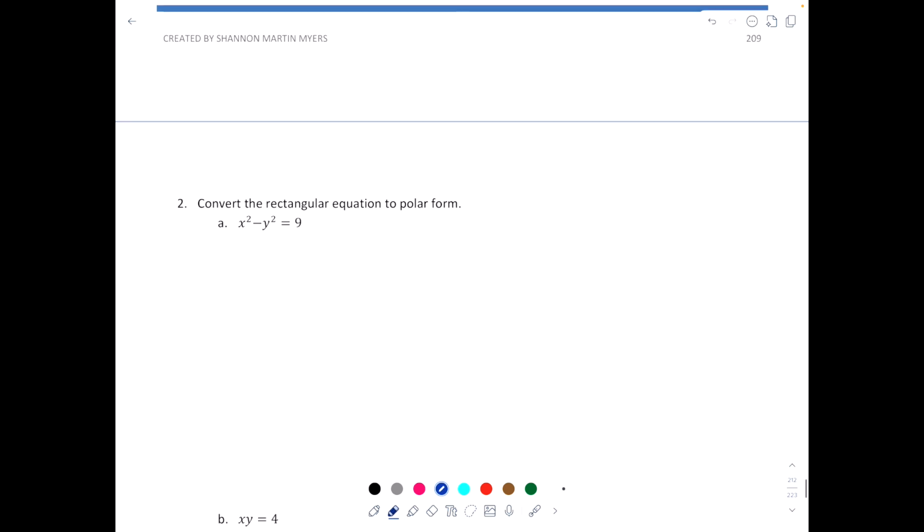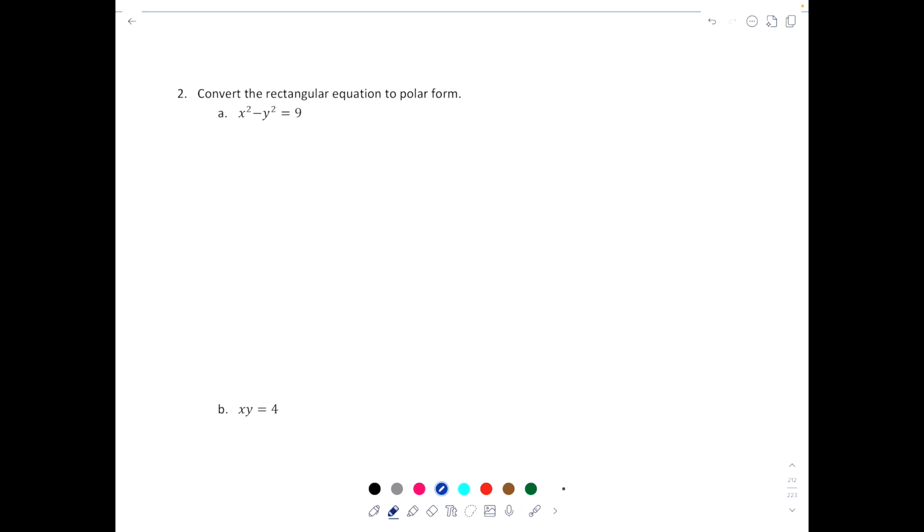Excellent. All right, so now when you're converting the rectangular equation to polar form, right, you just use r cosine theta for x and r sine theta for y. So x squared will be r cosine theta squared, and then minus y squared, y in the purple, that's r times sine theta squared, is equal to 9.